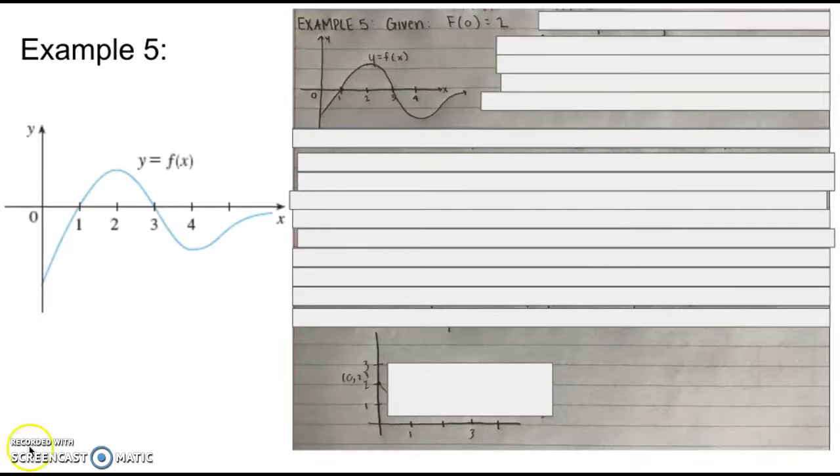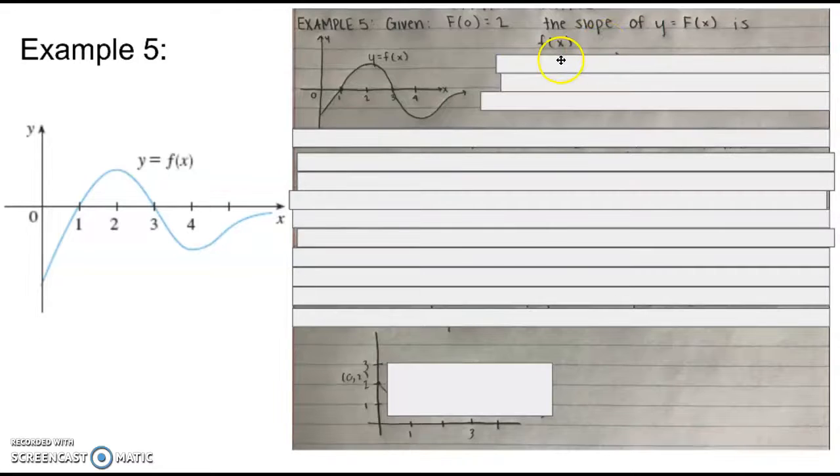So for example 5, we're given this graph to the left, and we're going to make a rough draft of its antiderivative. We are also given capital F of 0 equals 2. And we know that the slope of y equals capital F of x is f of x. And we also have a point at (0, 2).